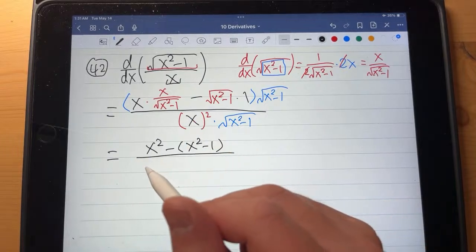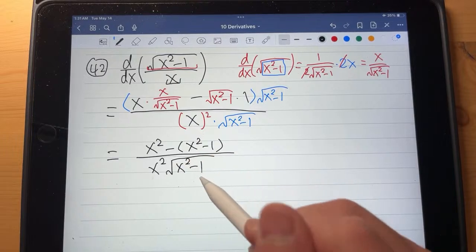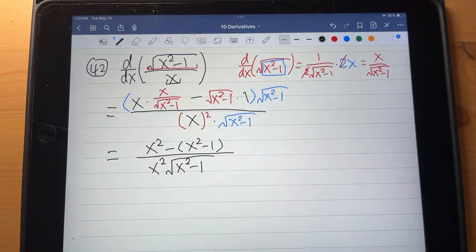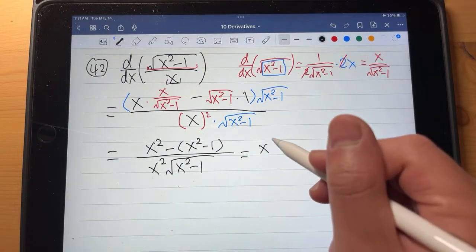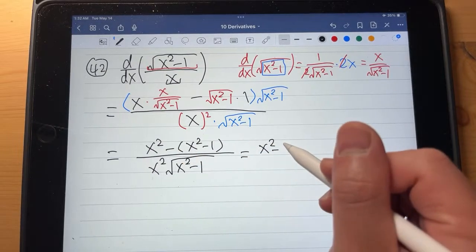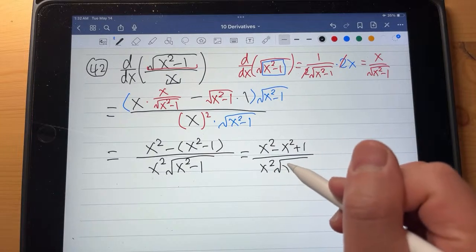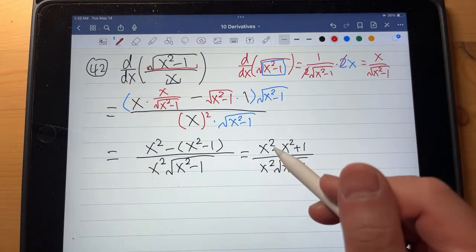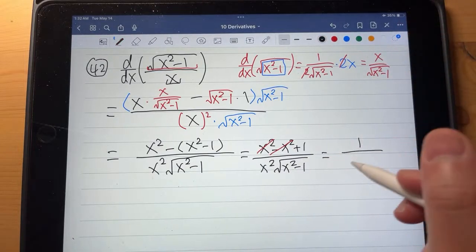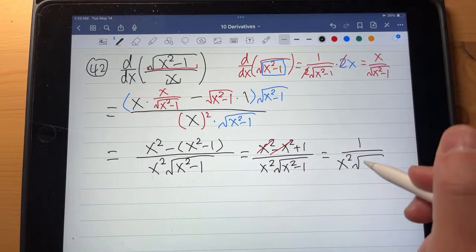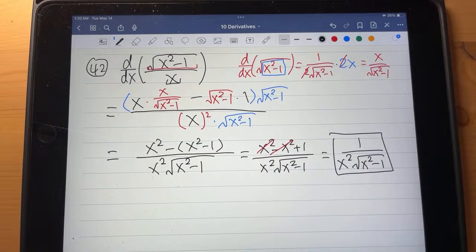Over, here we have x squared, here we have the square root x squared minus 1. Now just work this out. This is the same as x squared distributed, so minus x squared plus 1 over the denominator. And then we see that this and that cancel. So final answer, 1 over x squared, square root of x squared minus 1. Done.